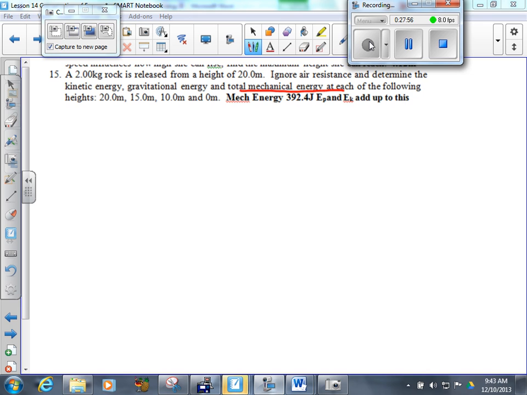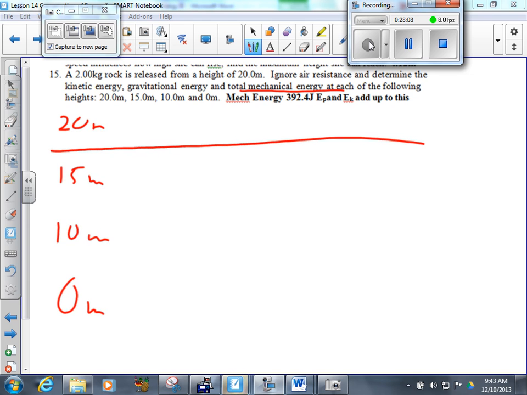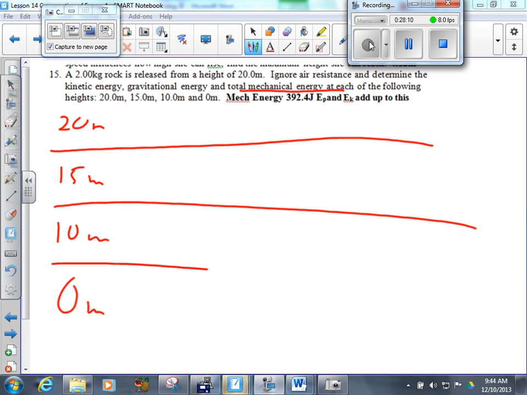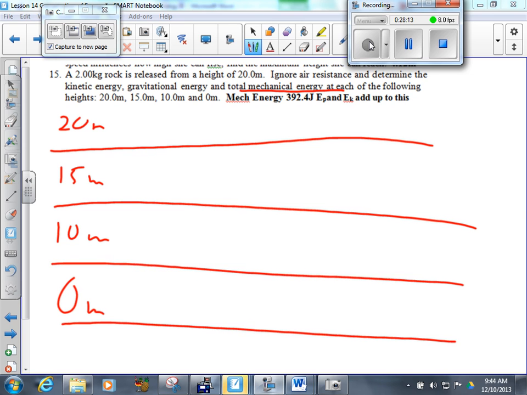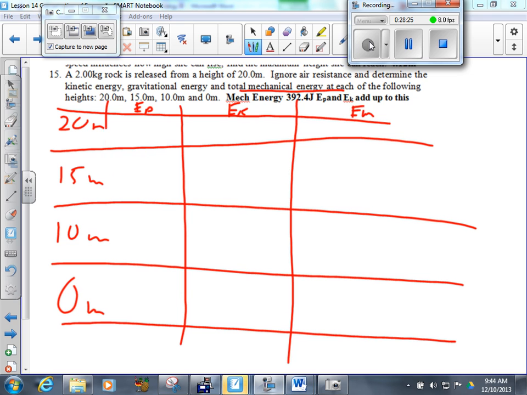Okay. So initially, okay, so what we've got here is we'll say 20 meters, okay, 15 meters, 10 meters, and 0 meters. Okay, we'll do something like this. All right, and right across the top here, we'll have EP, EK, EM. All right, if I want to calculate the potential energy at 20 meters, how do I do that?